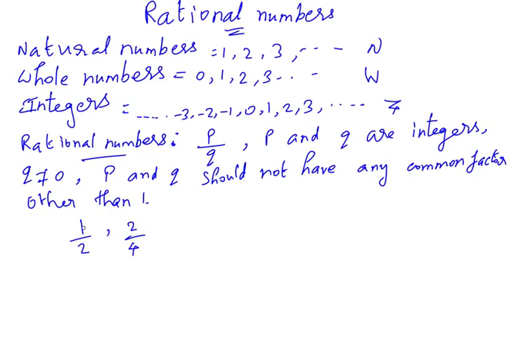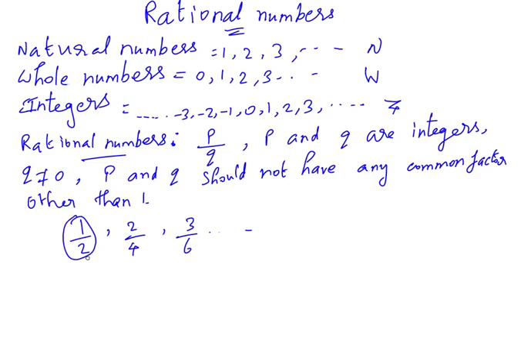It is a multiple of 1 by 2, an equivalent fraction for 1 by 2. 2 by 4, 3 by 6 are all equivalent fractions for 1 by 2. 2 by 4 is a fraction, 3 by 6 is a fraction, 1 by 2 is a fraction. But 1 by 2 only is called a rational number.